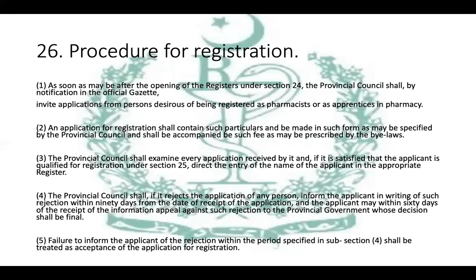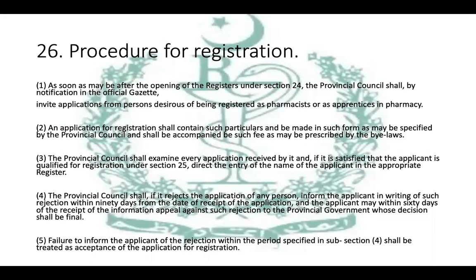There is a time period of 90 days. In 90 days, if the council fails to inform the applicant, then it is deemed that his registration is accepted. Now you have to wait for 60 days, 90 days after submission of your registration form. So if they send you acceptance or rejection in due time, then it is okay.